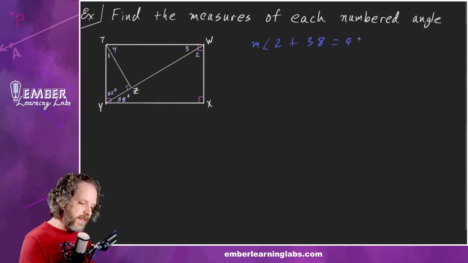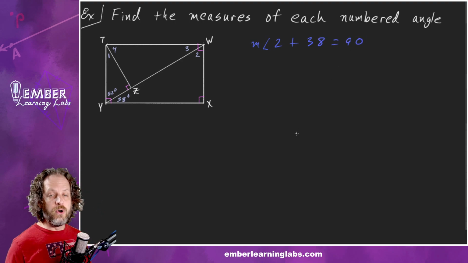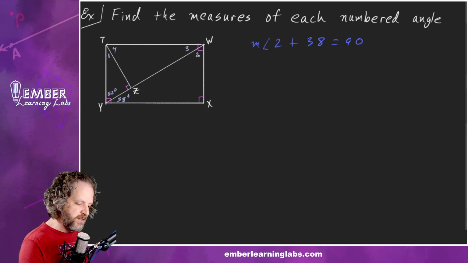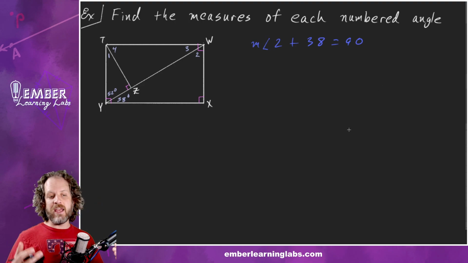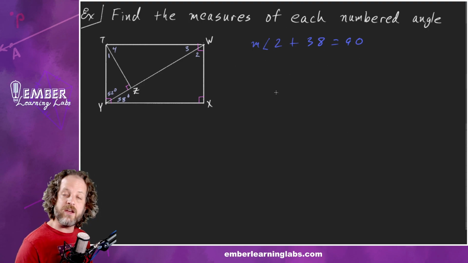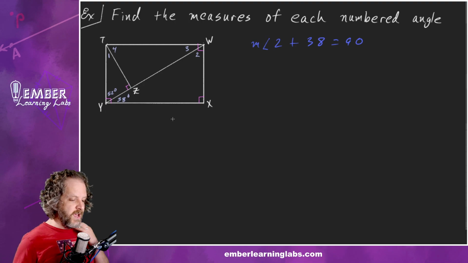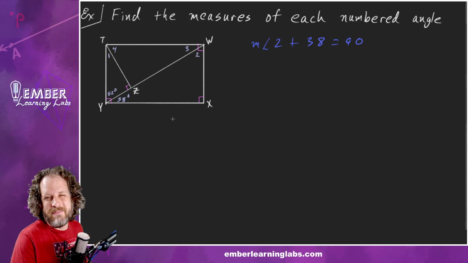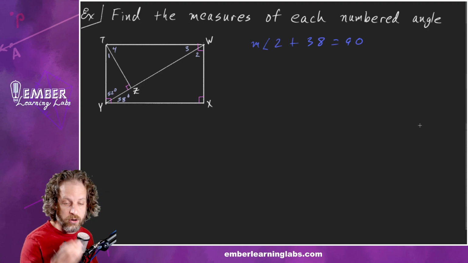Now, you could use the full triangle angle sum theorem and do 38 plus the measure of angle 2 plus 90 equals 180. But because we have this corollary, we can make an even simpler equation, because we know that these two have to be complementary. It makes our life easier. We like things that make our life easier. I do. I hope y'all do as well.